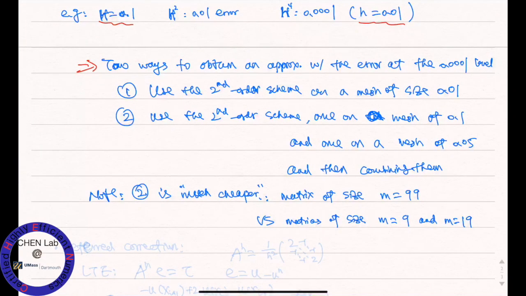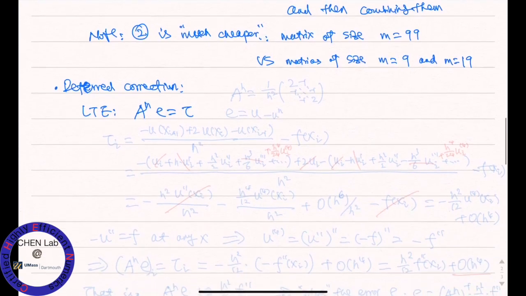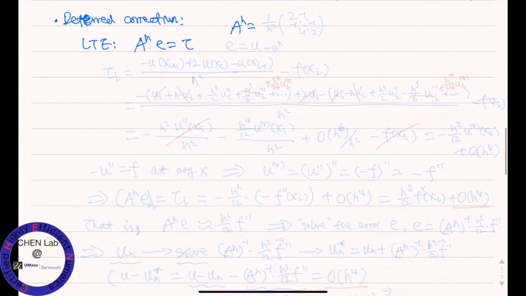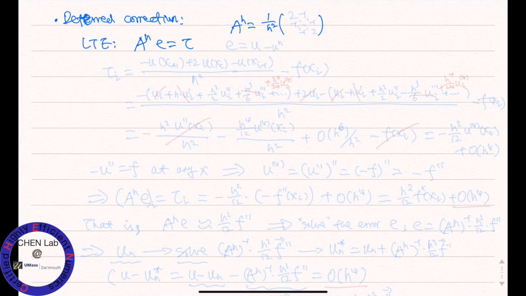The last topic of this lecture is so-called deferred correction. Here we go back to the local truncation error analysis. Remember when we did the local truncation error analysis, we have A_h E = tau. The A_h is 1 over h squared times the tridiagonal matrix with entries -1, 2, -1.